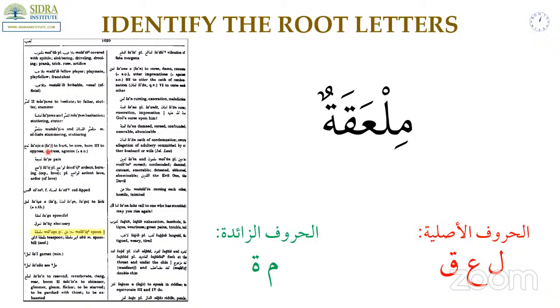So you check under lam, ain, and then you might come across ba, ta, whichever letter, but you keep looking down, down, and you will see mil'aqatun. The plural is mala'iqu.